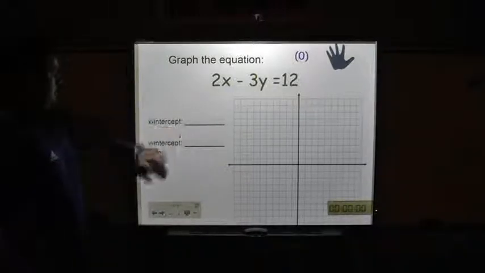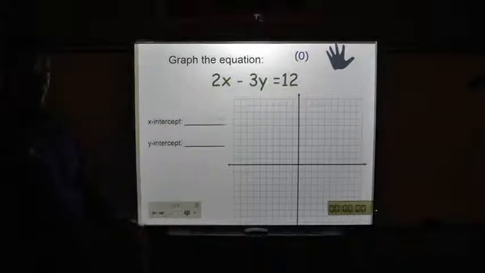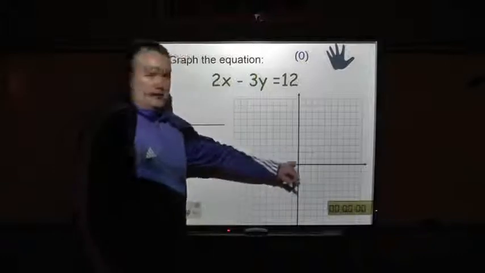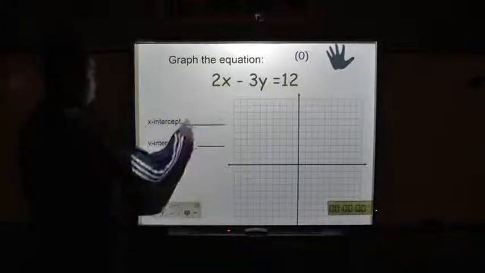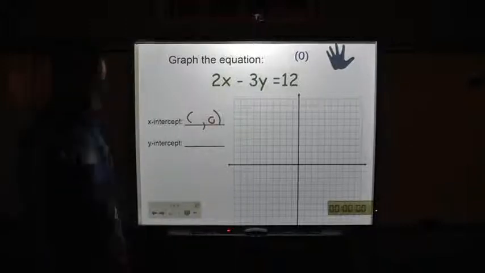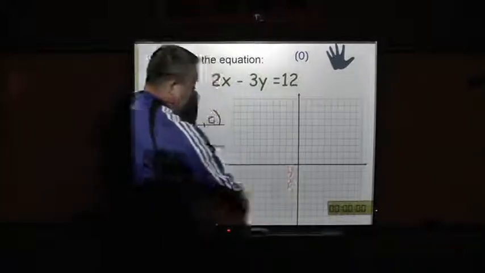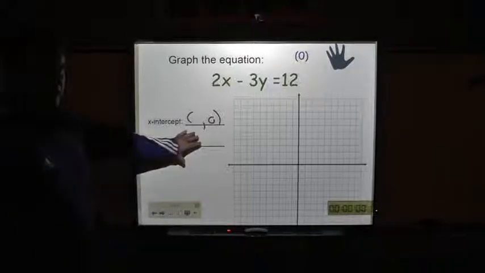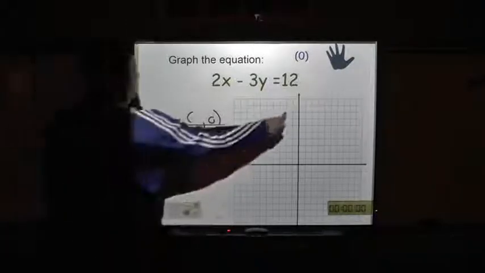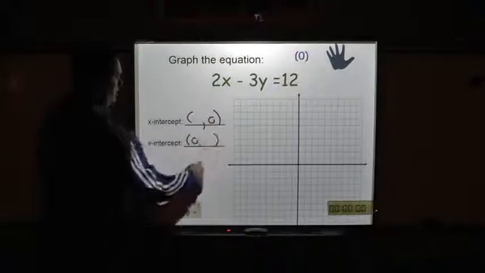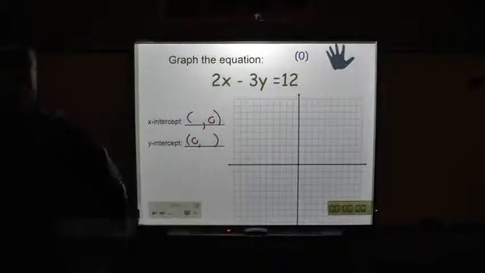As long as you have 2 points, you can draw the equation of a line. When we look at this, x-intercept, y-intercept, we've talked about those. Remember, the x-intercept is where the line crosses the x-axis. At the x-intercept, the y-coordinate is 0, no matter what point you pick. For the y-intercept, any point on the y-axis has an x-coordinate of 0.